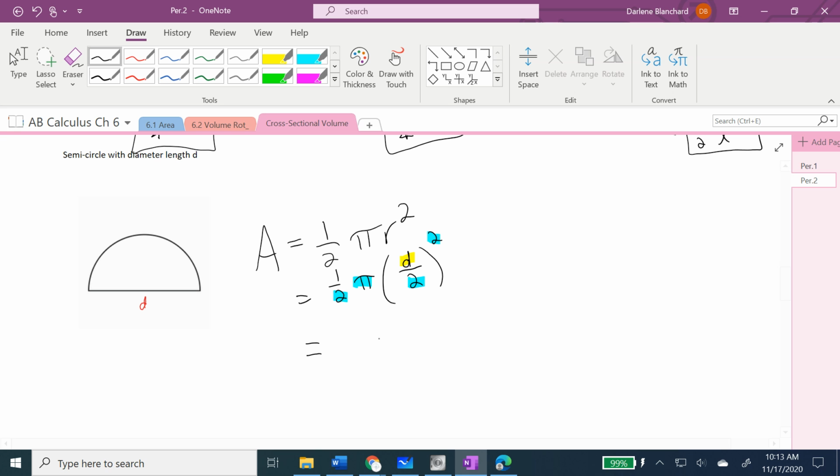Another formula would be the diameter squared times what number? Pi over 8.